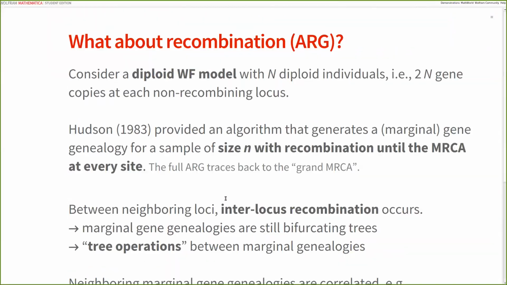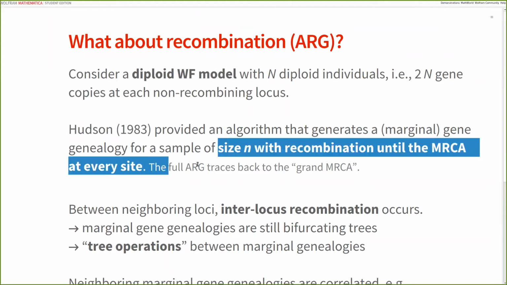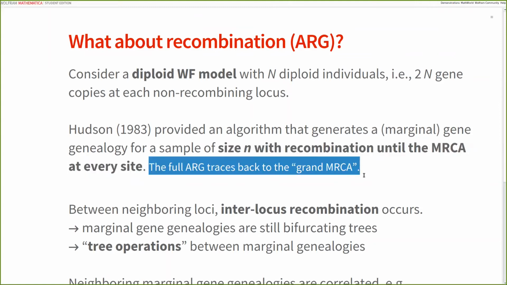Right. So what about recombination now? We already considered the effect of selection. Well, considering again our diploid Wright-Fisher model, Hudson already provided an algorithm to consider recombination back until the most recent common ancestor at every marginal genealogy, which is just a subtree of the full ARG, which goes back to the grand MRCA.